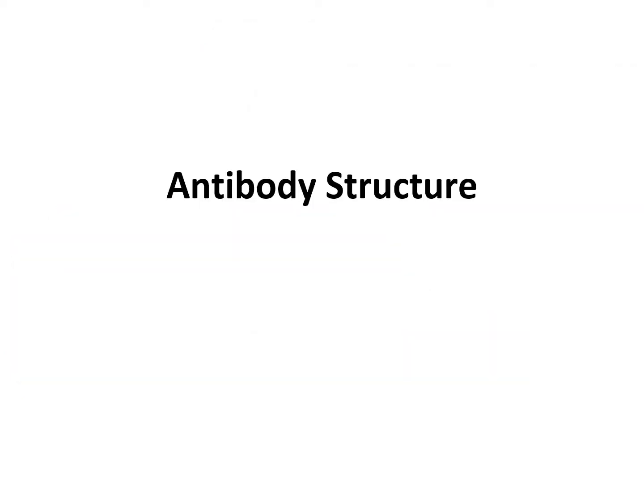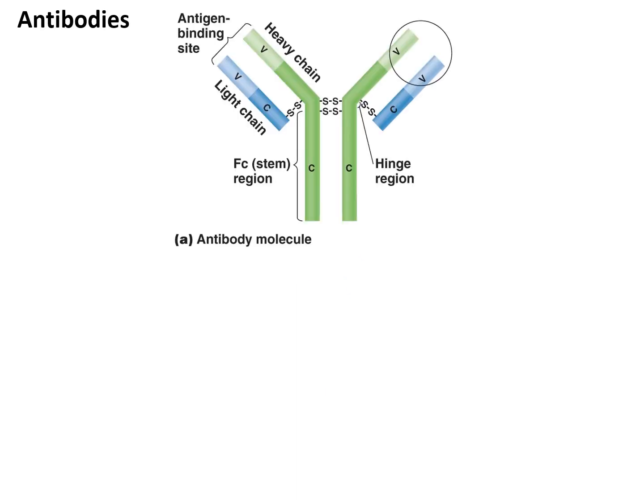The next thing I want to go through is basic antibody structure. In most diagrams, antibodies are drawn as green Y structures, but there's more detail in this that you need to know. This is a more detailed diagram of a basic antibody structure. In reality, every antibody is composed of 4 protein chains. So 2 heavy chains and 2 light chains.